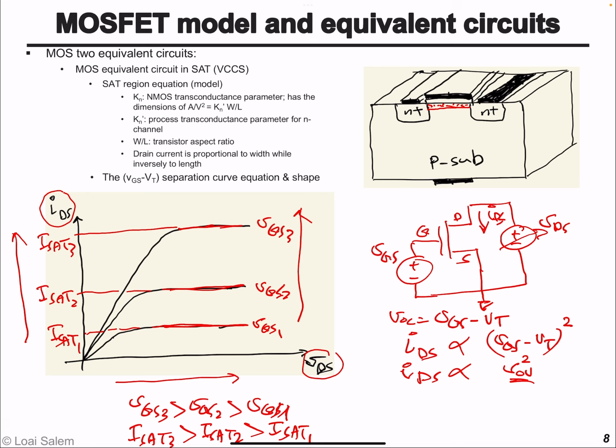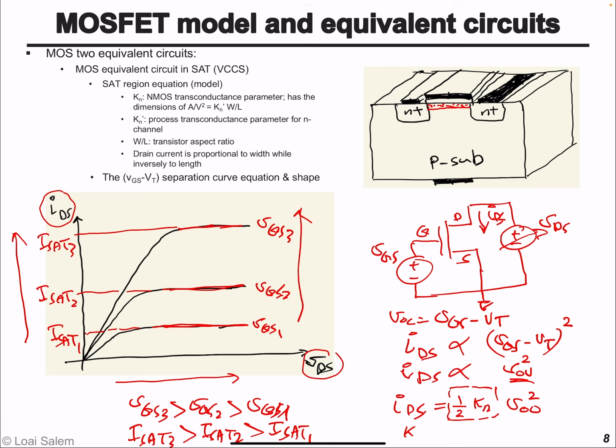And also we'll find that the drain to source current, if we write down the equation from physics, but again this course is mainly about circuit abstraction, is given by 1/2 times a constant called Kn times V overdrive squared. So there is a constant of proportionality, which is 1/2 times Kn.